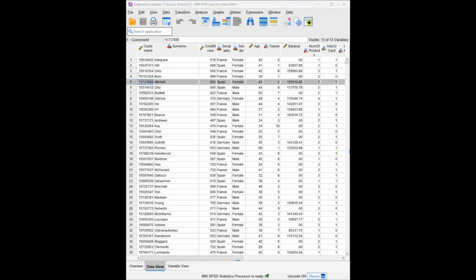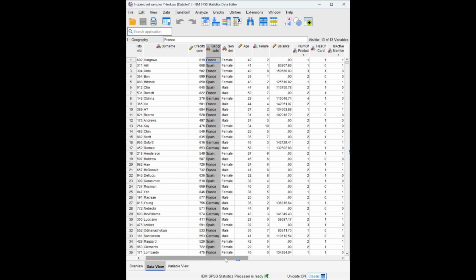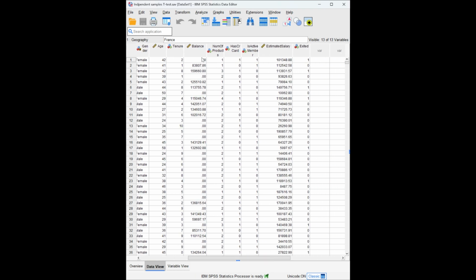So as you can see here, you have your rows, and then you have your columns where you actually have your variable names. And one thing to take notice of is that what we actually want to focus on is our balance variable, which is in this column, and our exit variable, which is in this column.